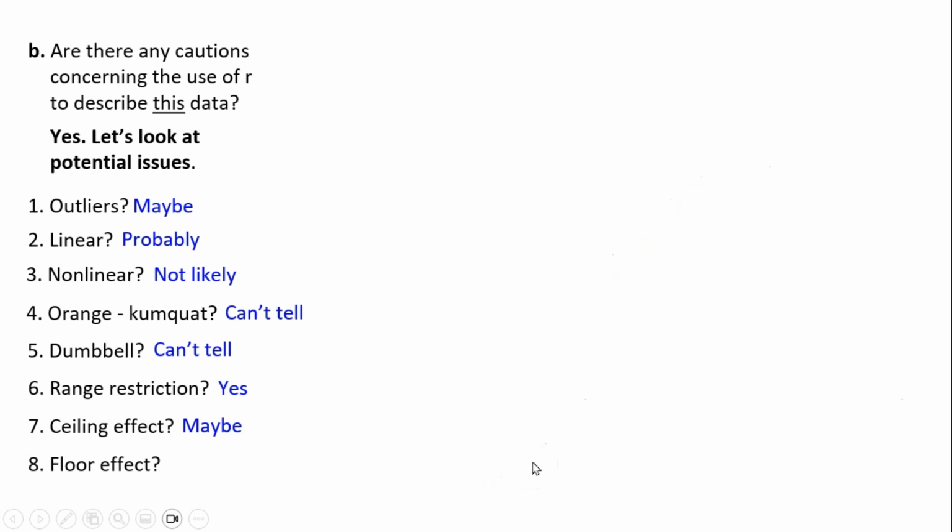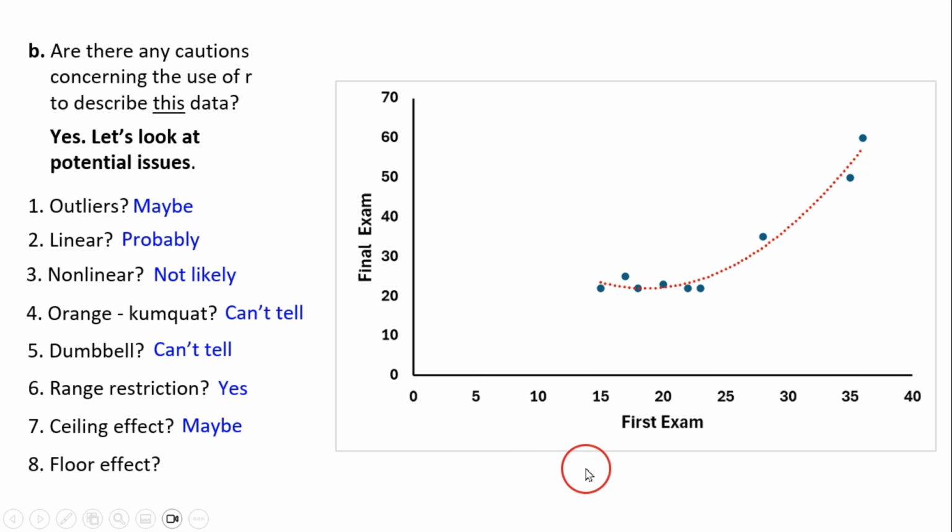And the last one is the floor effect. And that one, like you might guess, is sort of the opposite of the ceiling effect. We have people who, for example, scored fairly low on the first exam, but then they improved quite a bit for the final, if you look over here. And then here's a person who scored 27 on the first exam, got about a 35 on the second one.